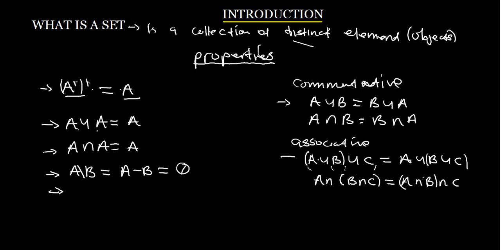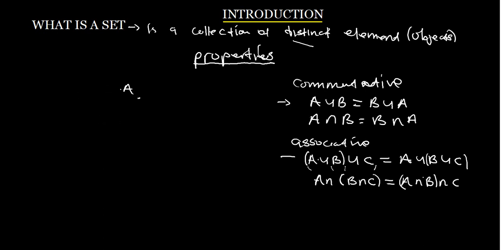So that is it. The other property that we can talk of is the distributive law, or property. So for distributive, let's say we have A intersection B union C, like that.